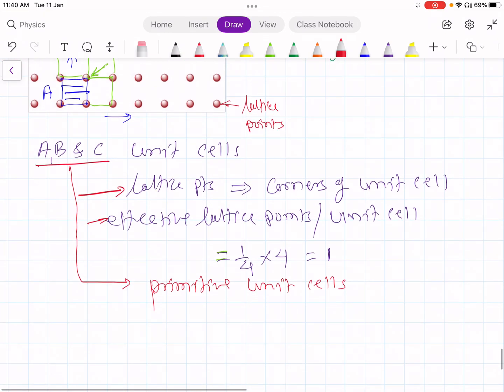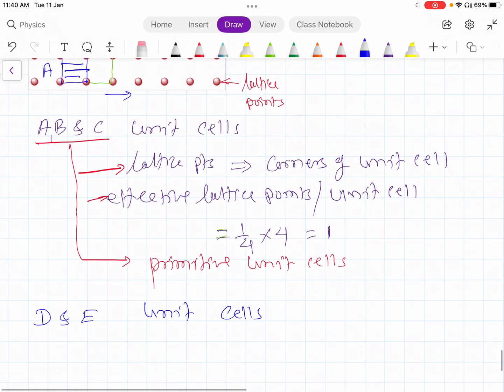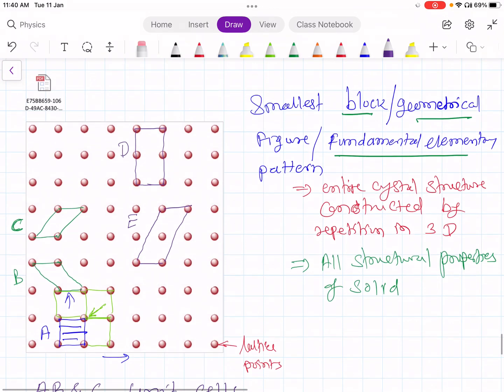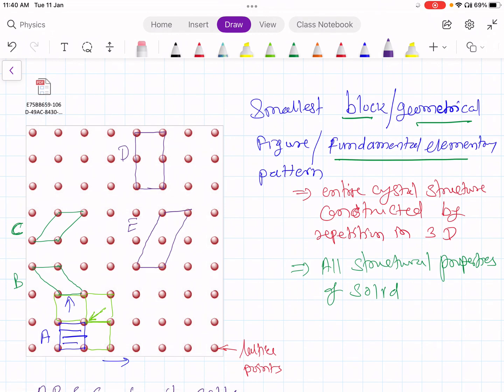Then I will consider the other unit cells, D and E. Where are the lattice points here? See unit cell D. Lattice points are at the corners of the unit cell as well as at the midpoints of these two edges.